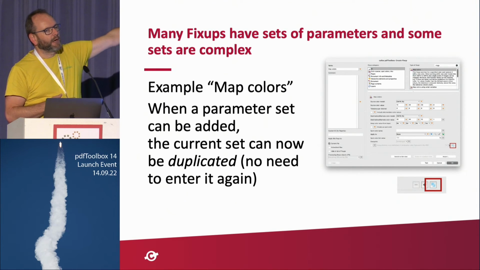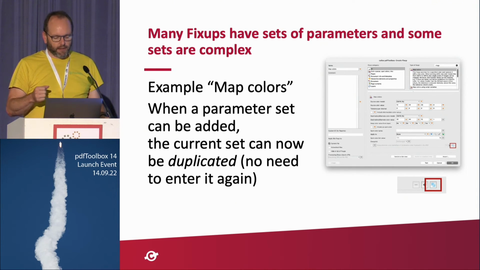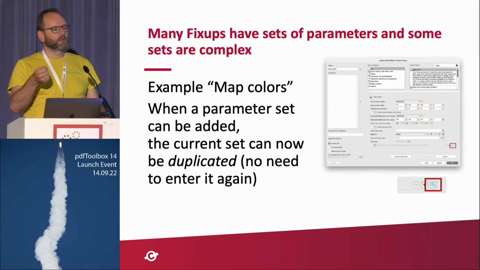As you can see, it's quite a lot of values. And you have at the bottom this little plus and minus where you can add additional mappings to it. But the additional mapping that you generate is always empty.